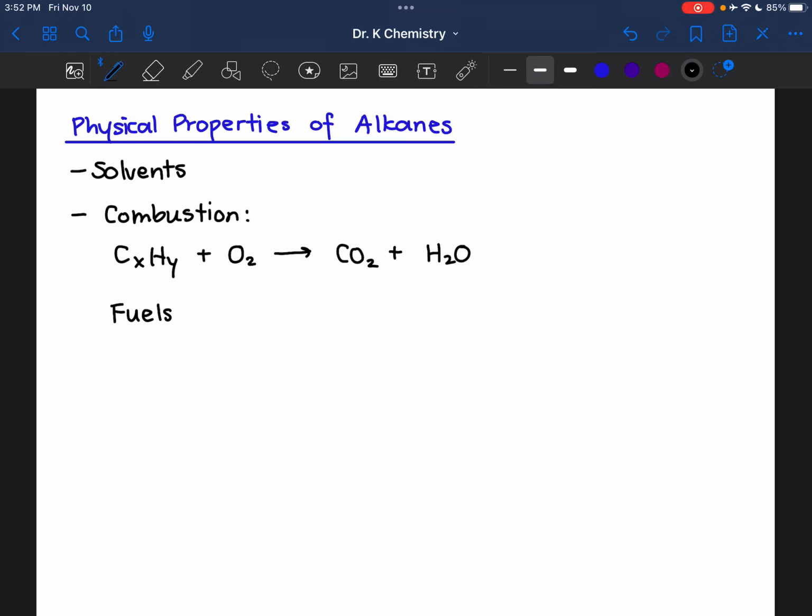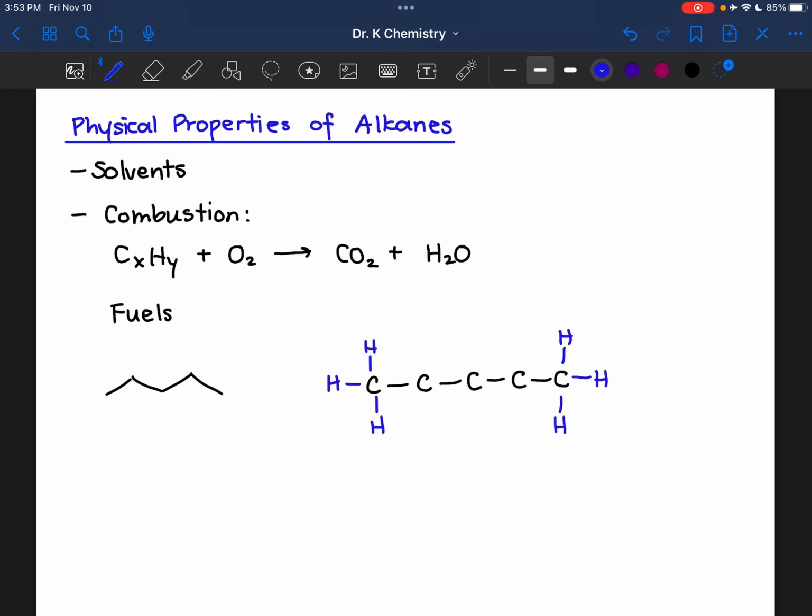Before we get into the properties, I think it's useful to think about their intermolecular forces. Right here, I drew pentane, and if we were to expand this out, we would see that it has 5 carbons, and the carbon at the very front has 1 bond, so it needs 3 hydrogens to complete its octet. Same thing with this carbon at the end.